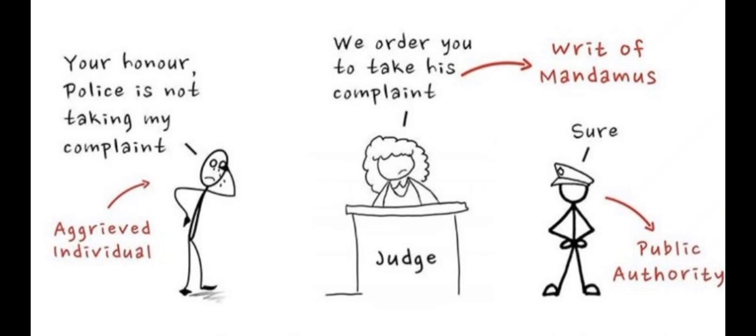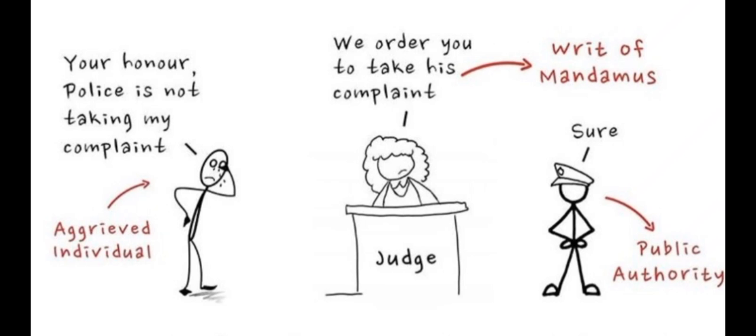In the High Court or Supreme Court, the judge will say, we order you to take his complaint. To whom are they ordering? Here the police are the public authority, right? So the Supreme Court will command the police authority to take the complaint from the aggrieved person.